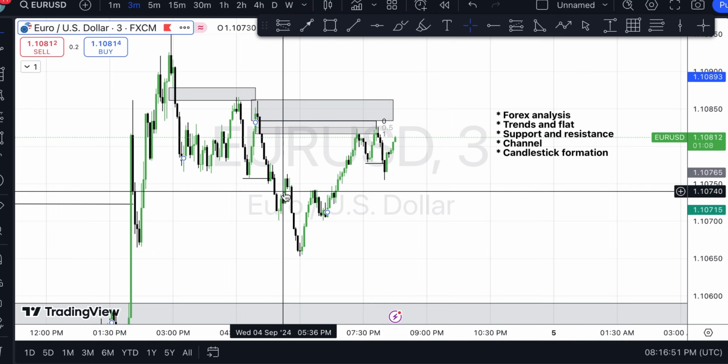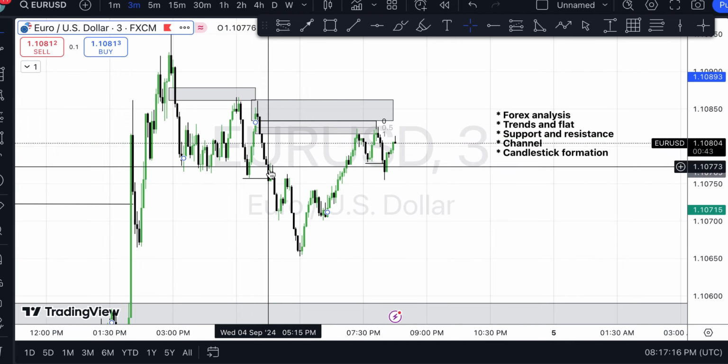Technical indicators, e.g., the moving average, the relative strength index, and the MACD, help identify trends. They also help to check the momentum and potential reversals.